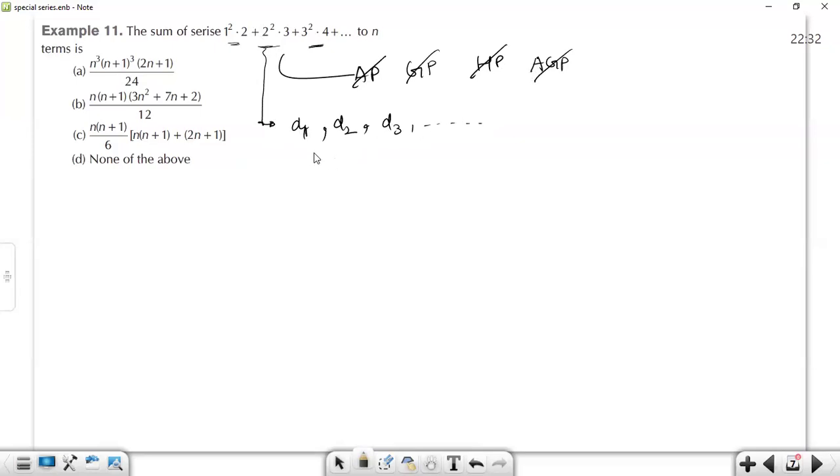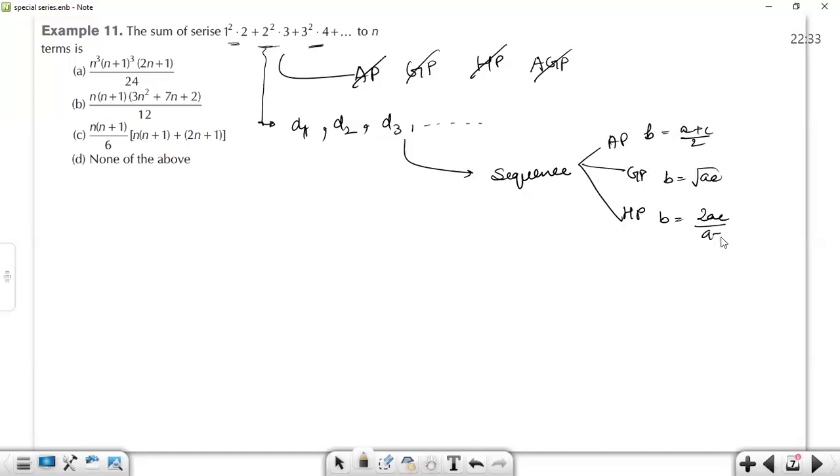Now we will observe this sequence and look for whether it is AP, GP or HP. We can find out by using their conditions. For AP, in any three terms, the middle term should equal the mean of the others. And here, the geometric mean of the others. Here also, the harmonic mean of the others.